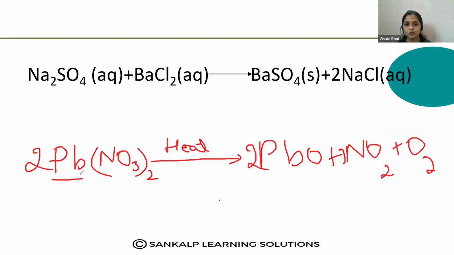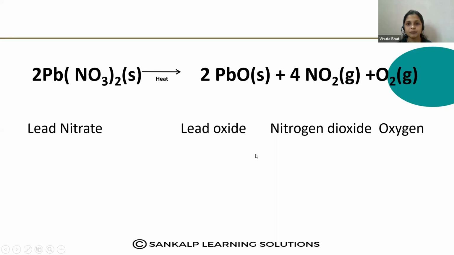Look, here there is 2N, but here there is N2, sorry. So you have to balance this reaction. So you can see the balanced reaction here. Yes, so this is the balanced reaction. 2 Pb, and oxygen is 8.